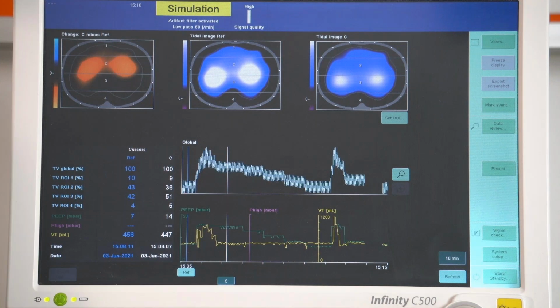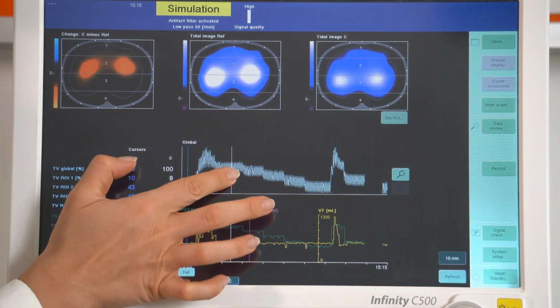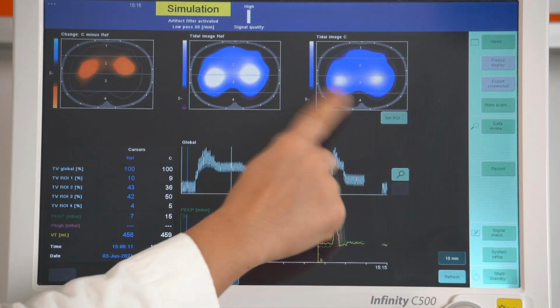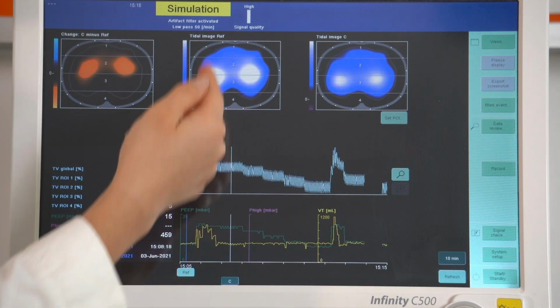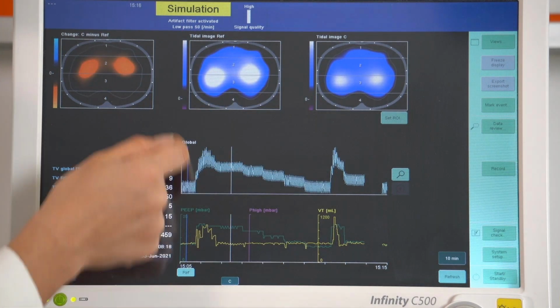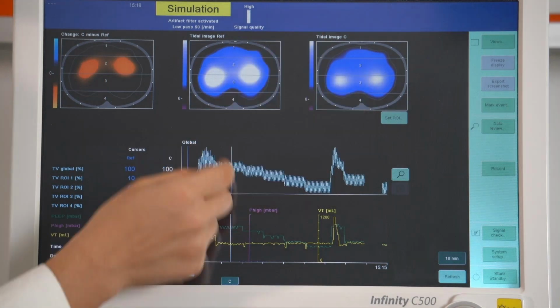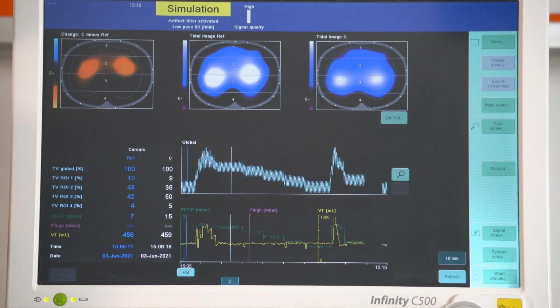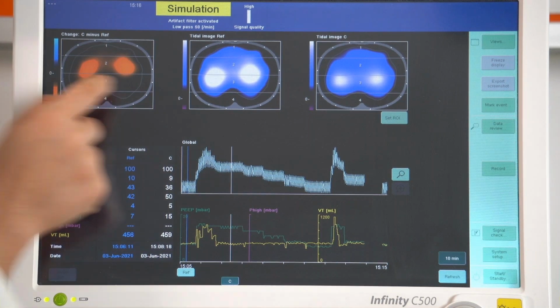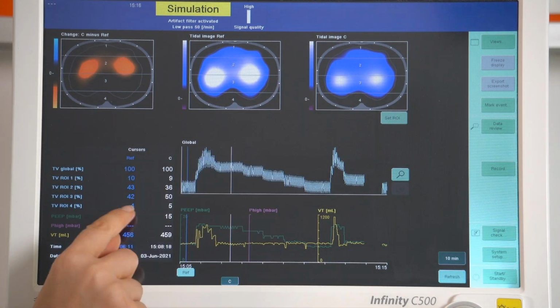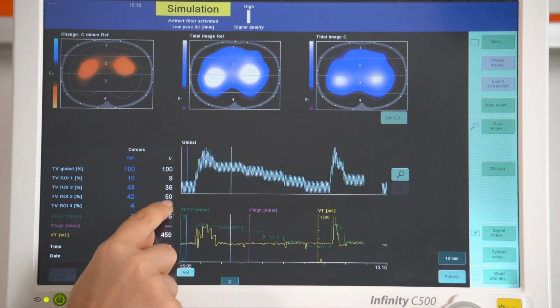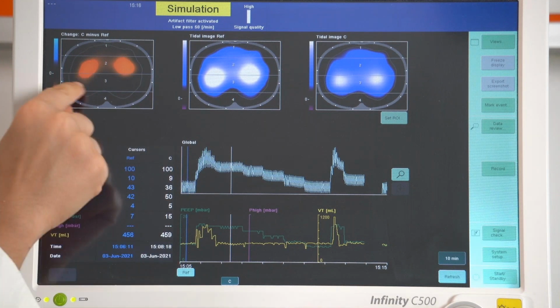We wait for the lung to stabilize, and then we compare the two images. This is the reference image at the reference cursor, and this is the image post recruitment. And we see here, first of all, there is no increase in ventilation.